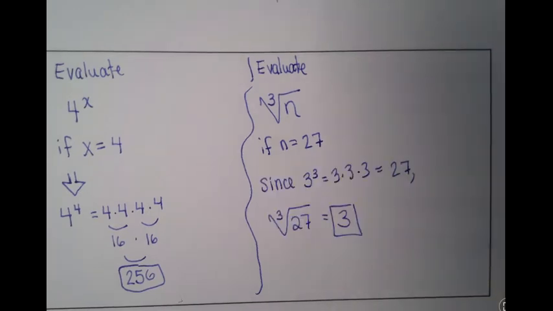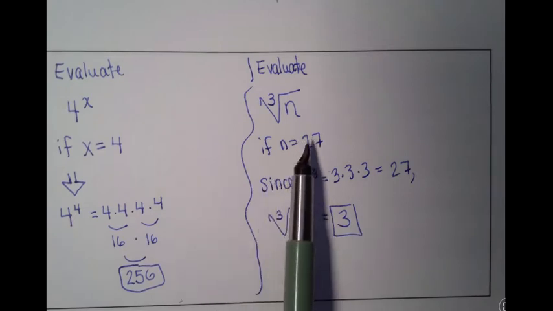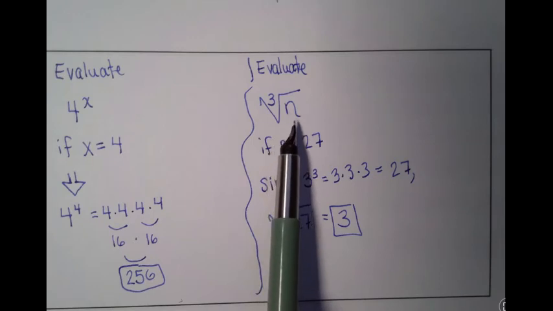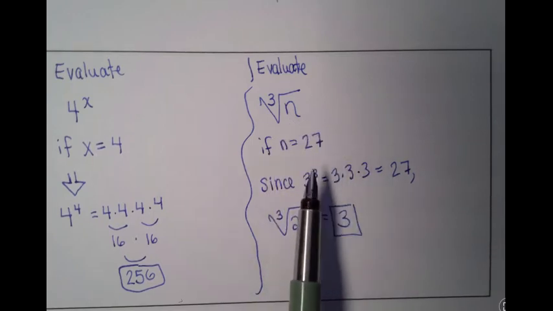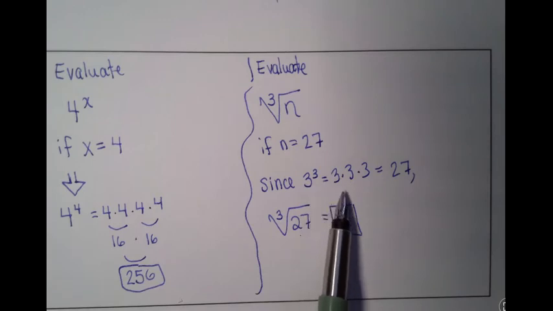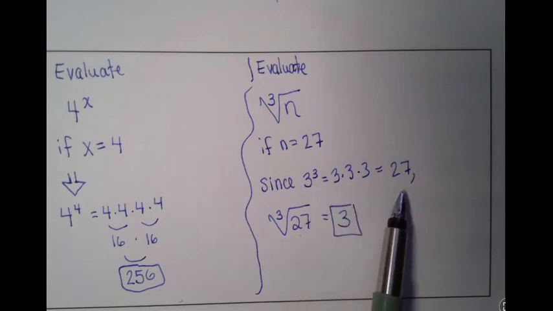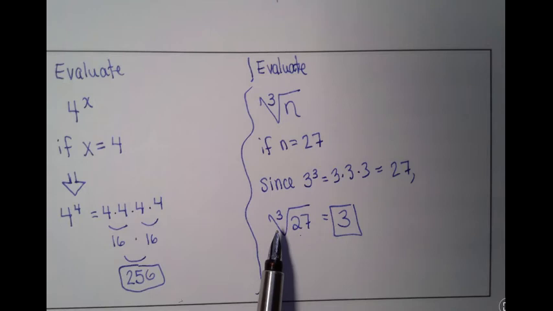So checking our answer for the second one, if we replace the n with 27, we're trying to find the third root of 27. And we've already talked about 3's before. We know 3 to the third power is 3 times 3 times 3, which is 27. And we know that that means that the third root of 27 must be 3.